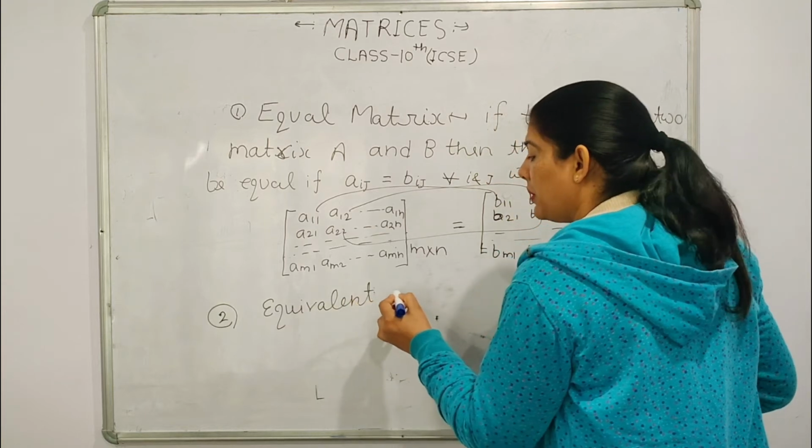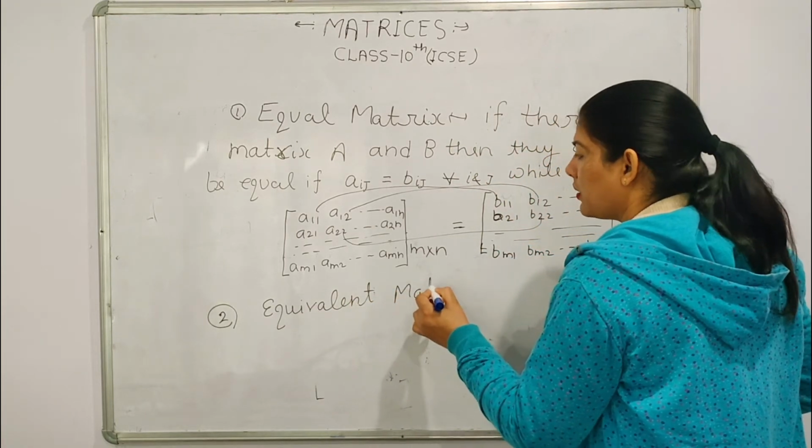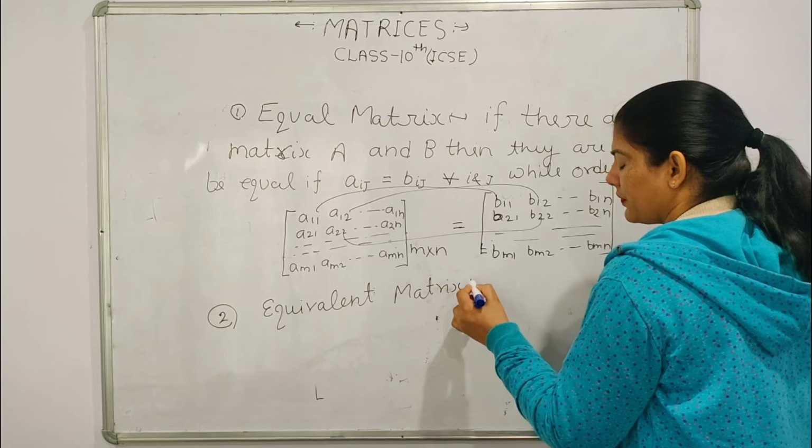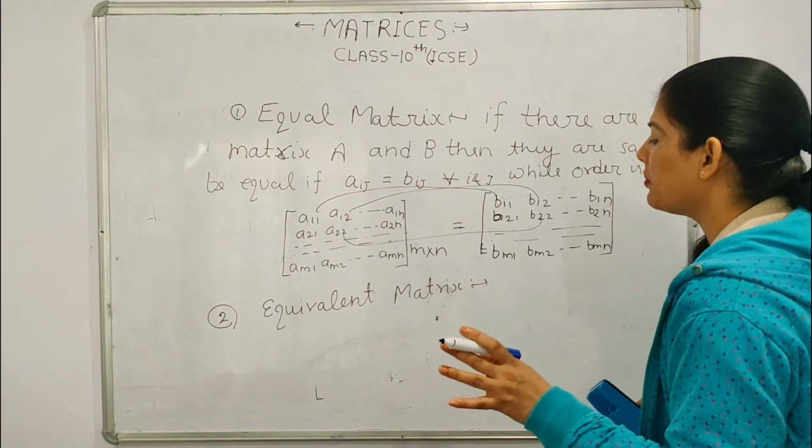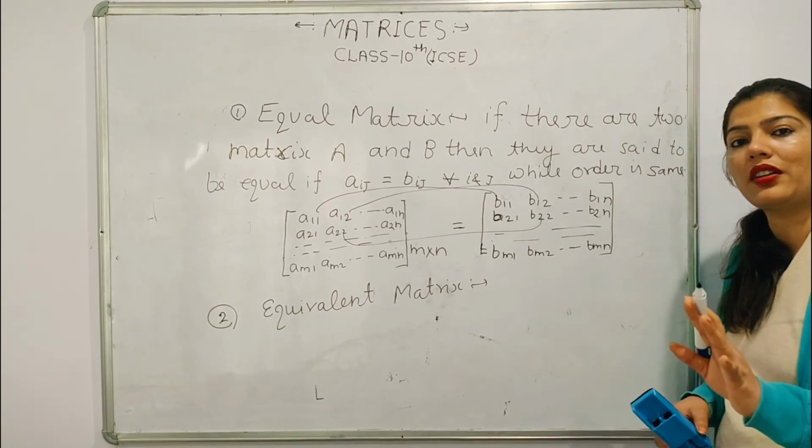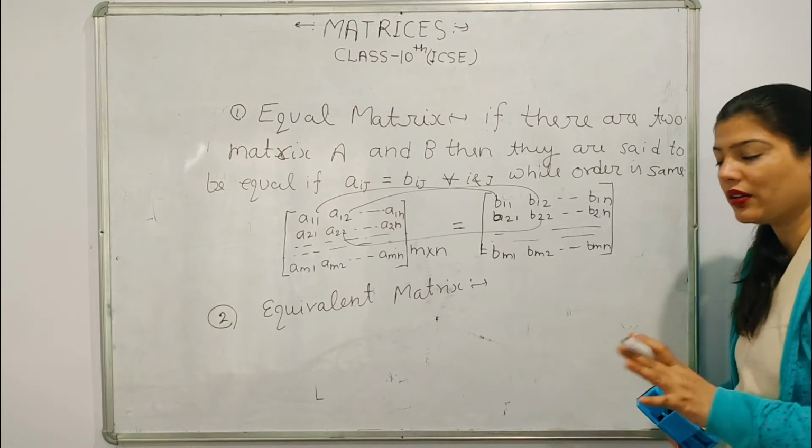Equivalent matrix means they can be equal or not, but they can be compared. So in equivalent matrix, if the order of two matrices is the same, then they can be compared.